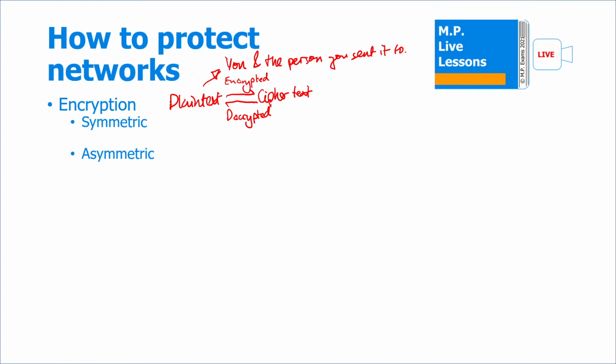Now, symmetric and asymmetric encryption will do these differently. So symmetric will often use the same, what we call a key.